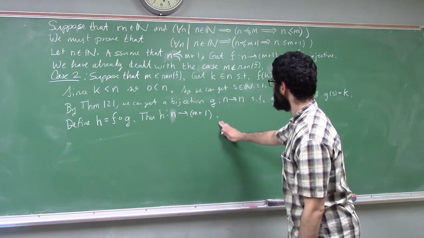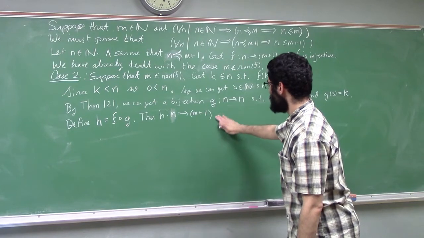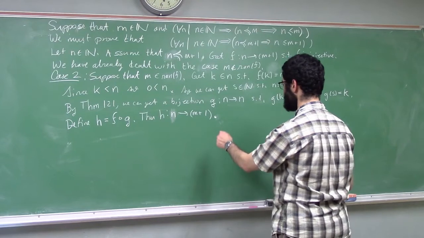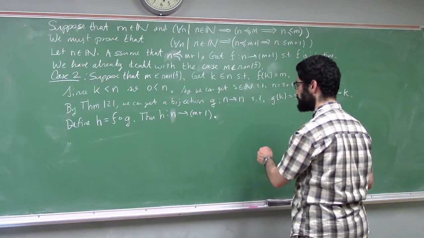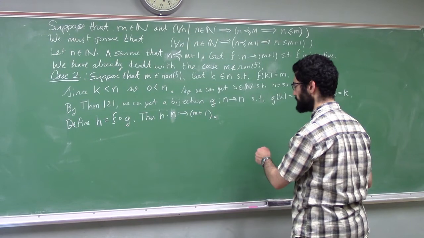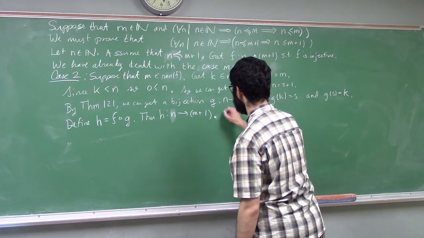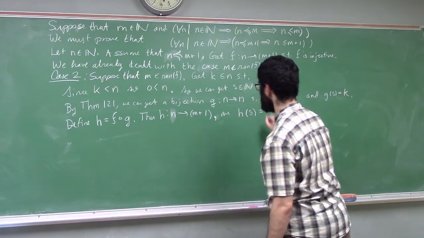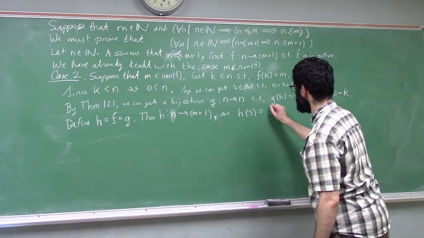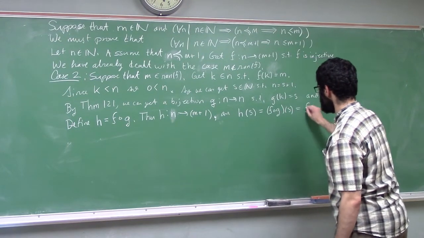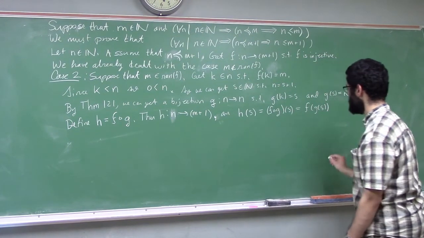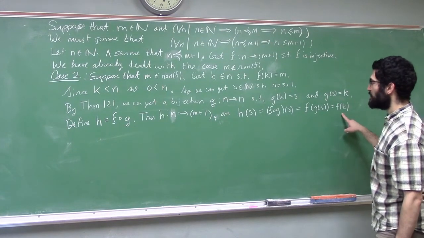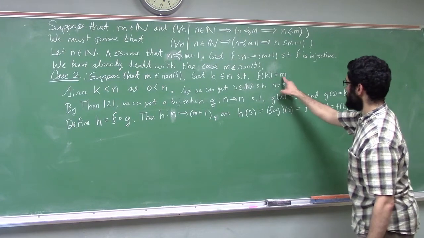All right. What do I know about h? So the goal from the picture was that h maps s to m. Let's verify that. h of s, well that's f composed with g of s, which is f of g of s. g of s is k, so that's f of k. f of k is m.